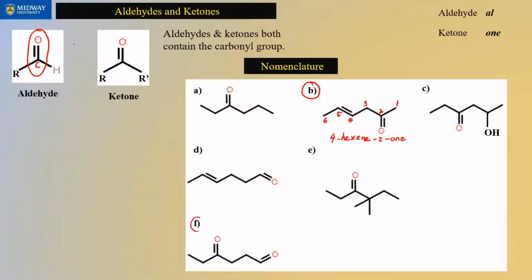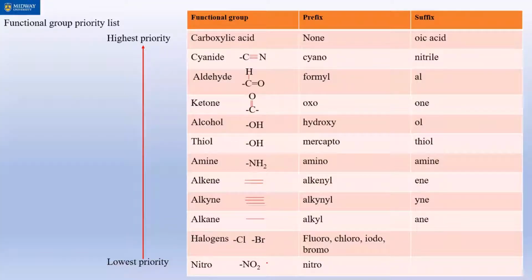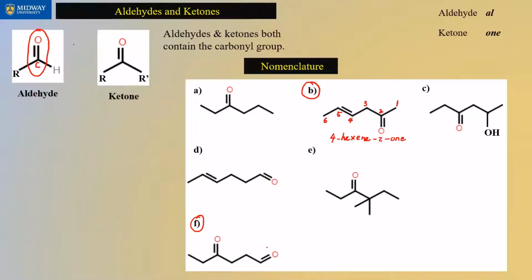Okay, I'll do F. Again, which side should we start numbering? Even though aldehyde is a higher priority group, if you actually go back to the chart, aldehyde is in the higher priority group, so there should be no issue.